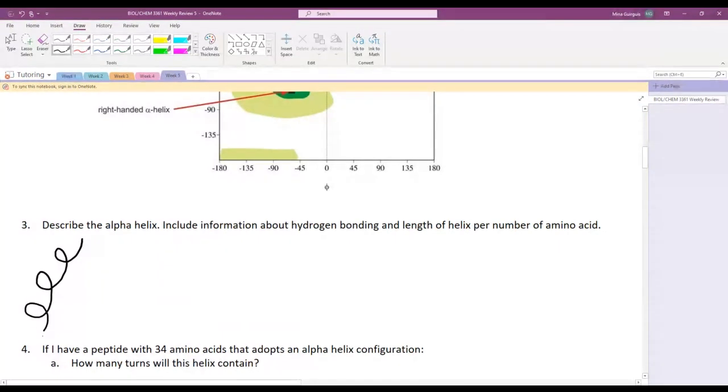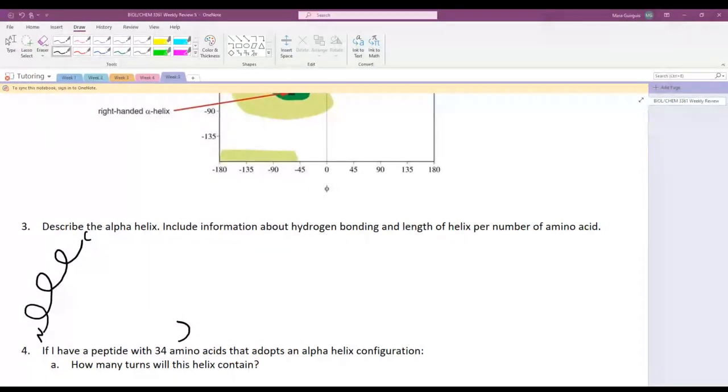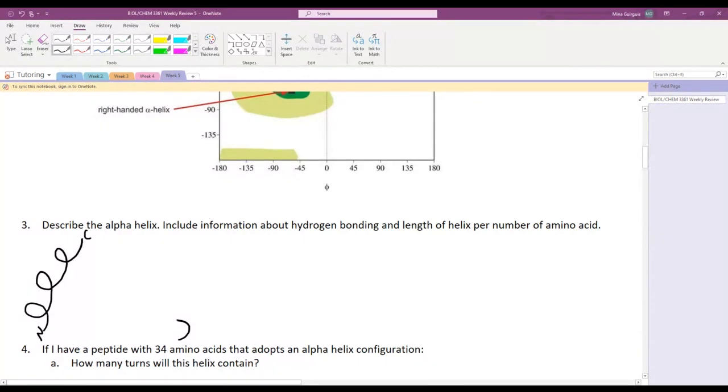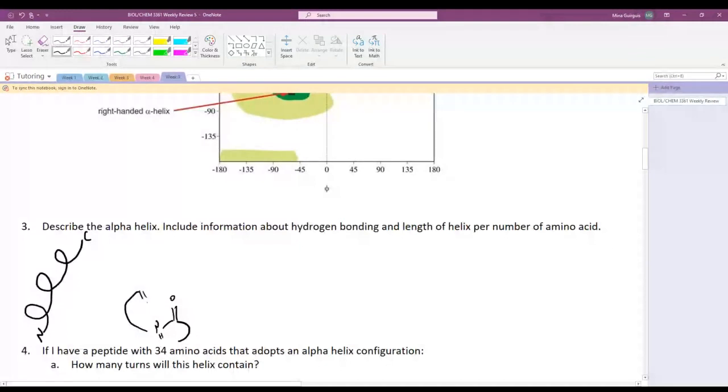But more specifically, if this is our N terminus and this is our C terminus, then what we see is, and I'd like to draw this in a little bit more depth, just for the sake of making sure I'm clear, NH, and then more amino acids, and so on and so forth.